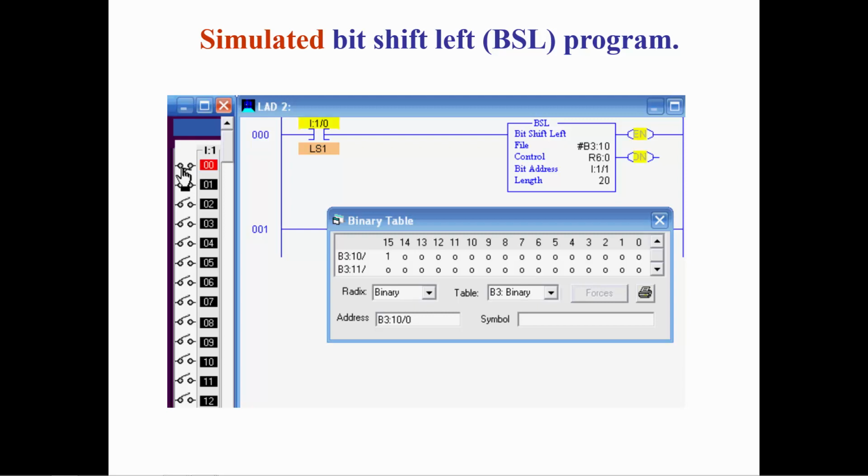On the next closure of the switch, the 1 will shift out of bit 15 of B3:10 and into bit 0 of B3:11.